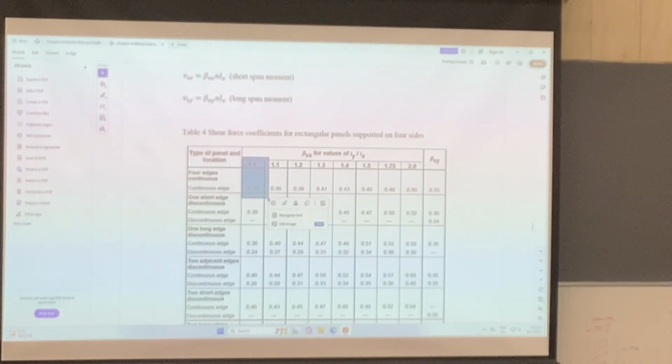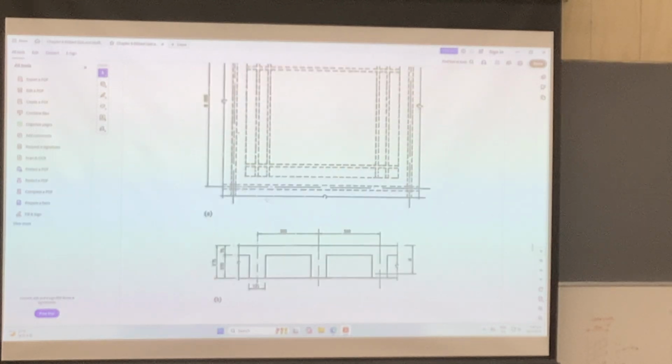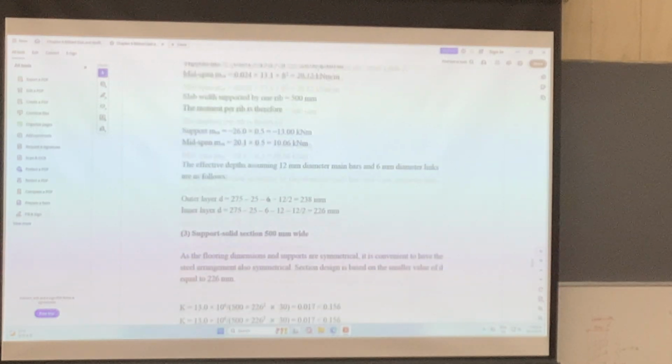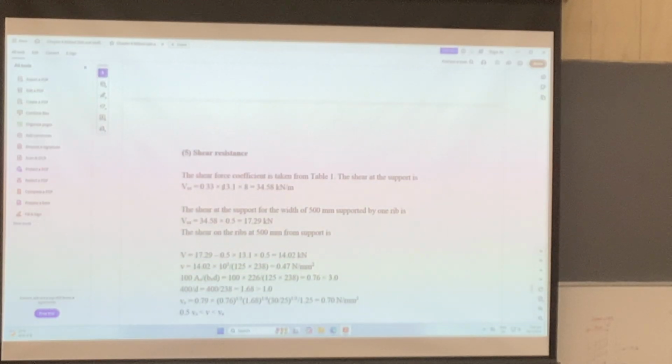So 0.33 times beta times n times Lx, that's the value for shear. So you can find the shear is equal to 0.33 times n, which is equal to 13.1, and then times L, the span of the slab.